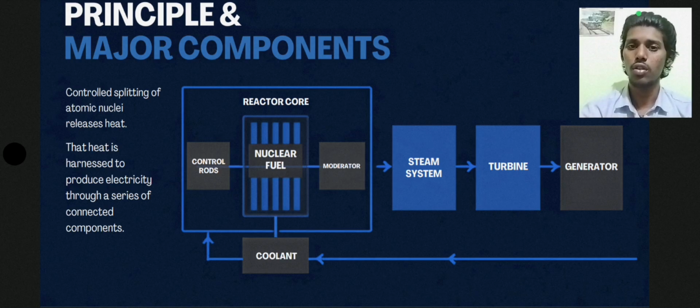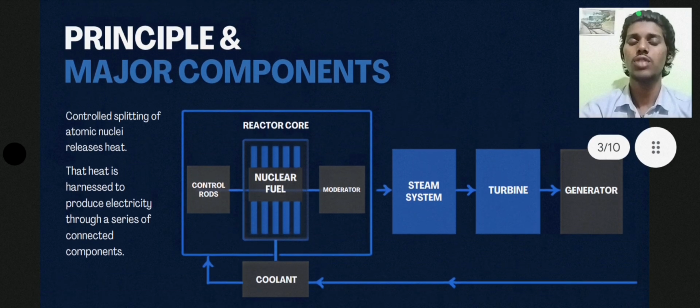Control rods are there to control the nuclear reaction in the reactor. Then there is a moderator, which controls the speed of neutrons. Then there is a coolant. The coolant transfers the heat generated in the reactor to the system. So this is the whole chain.